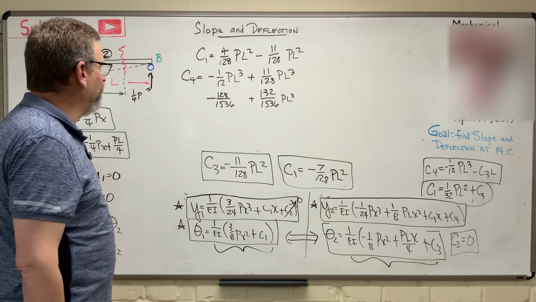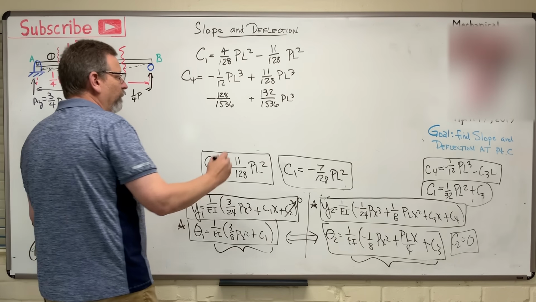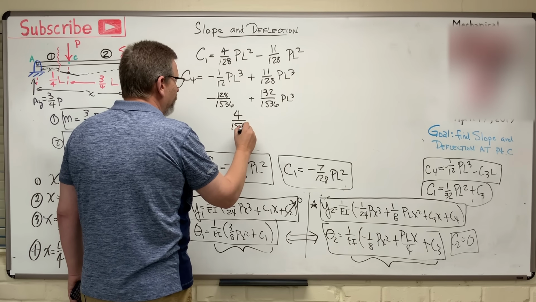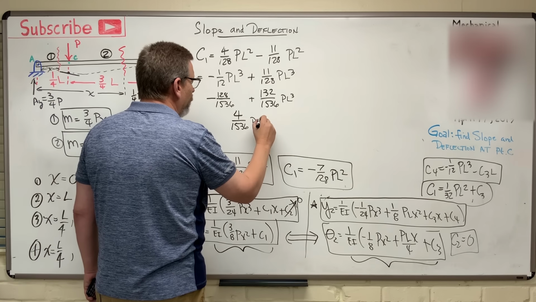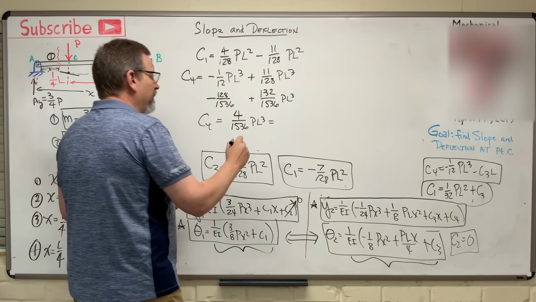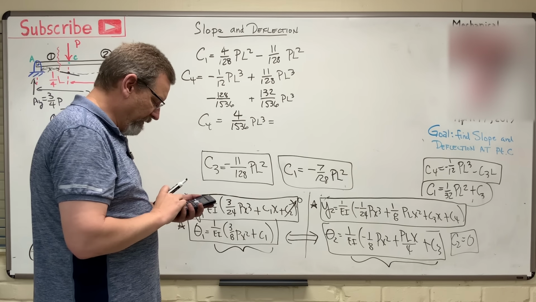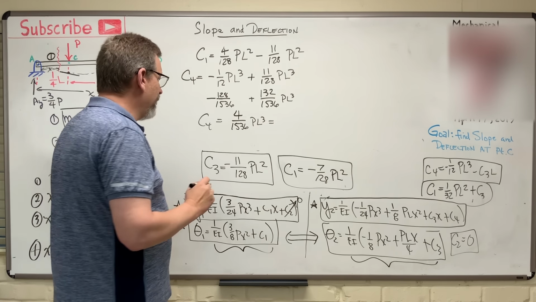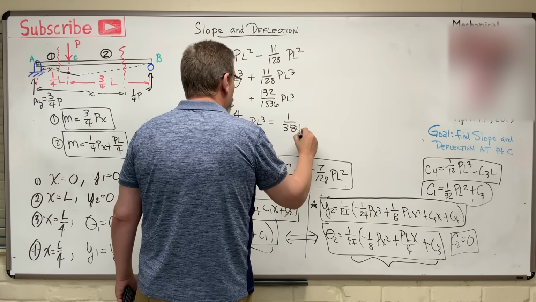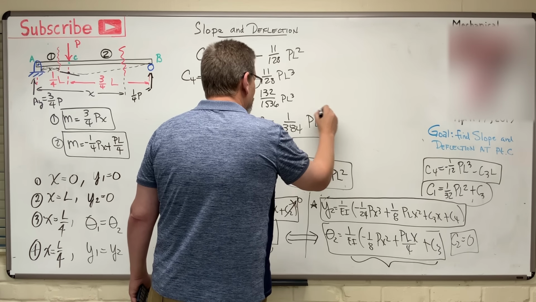So the whole thing is going to boil down to 4 over 1536 PL cubed, which is for C4. 1536 divided by 4 equals 384. 1 over 384 PL cubed. There's my C4 right there.